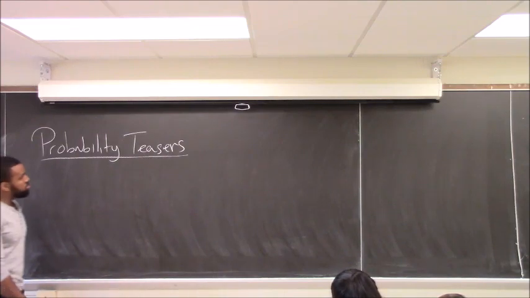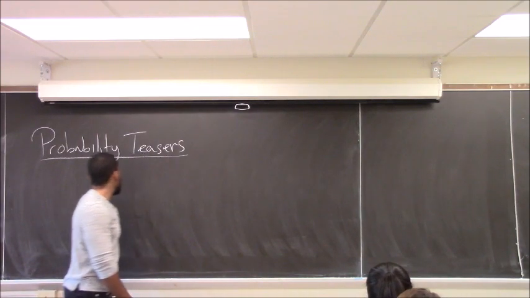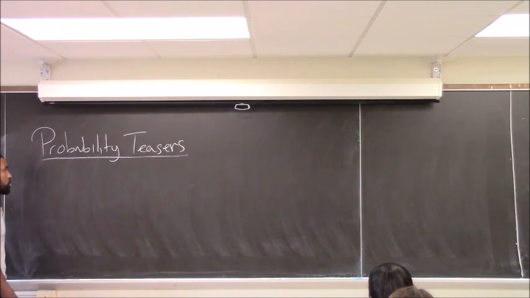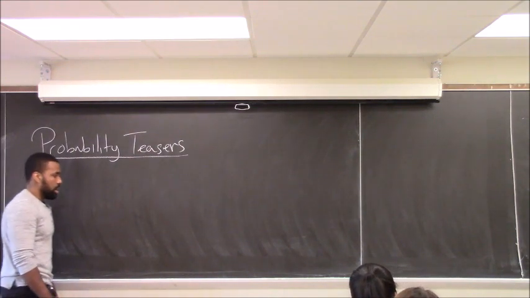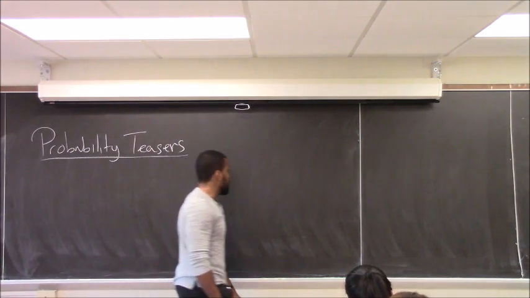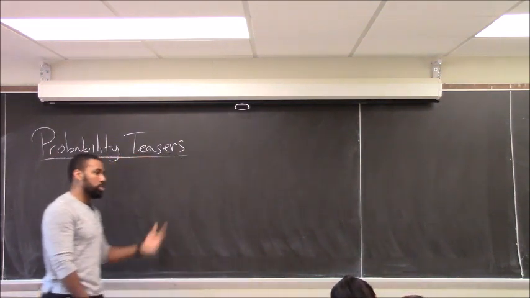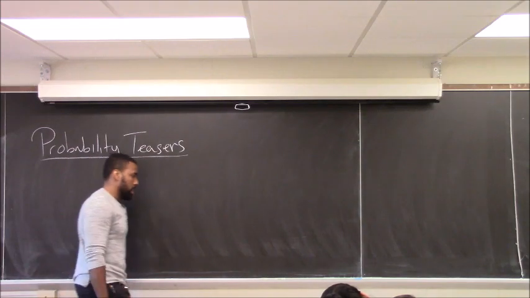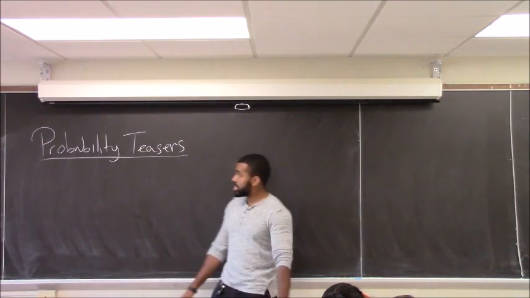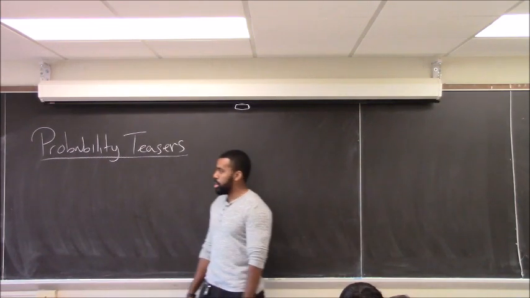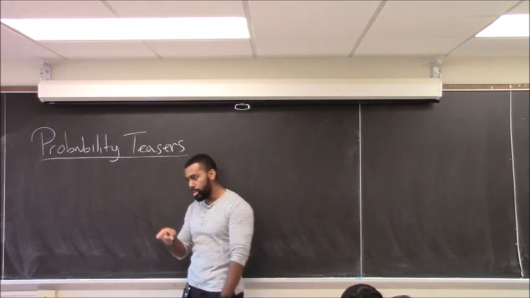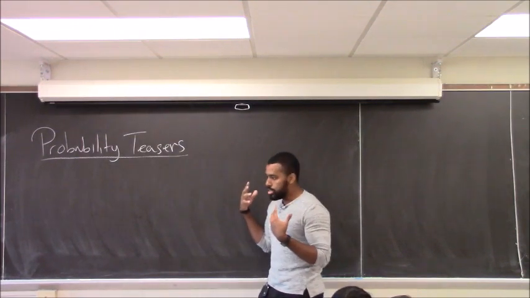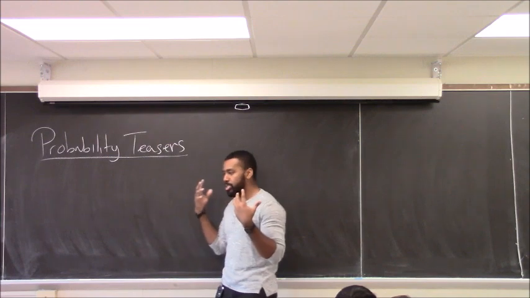So the next big phase that we're going to be talking about in our class is probability. We're going to learn all sorts of things about probability, and we're going to see that being able to count things very efficiently is going to be very important for probability. A lot of people think they know how to count, but we're not talking about counting like 1, 2, 3, 4. We're talking about counting with sophistication, counting efficiently.